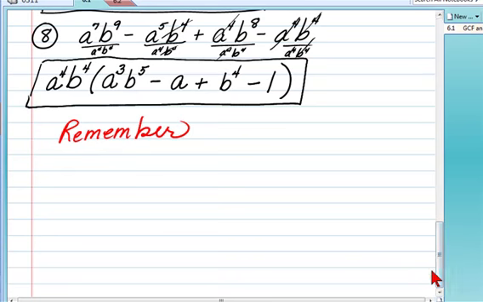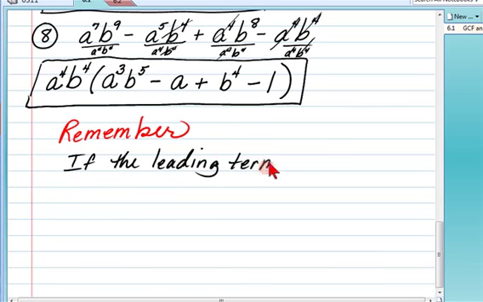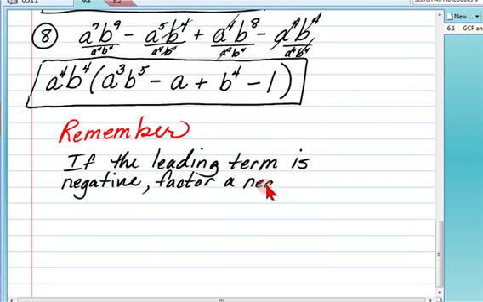Remember, if the leading term is negative, factor a negative GCF.